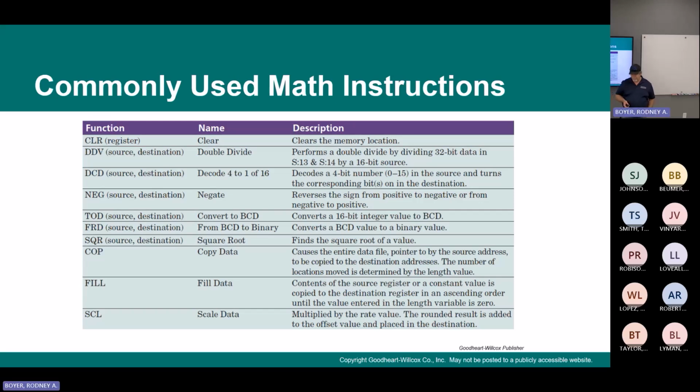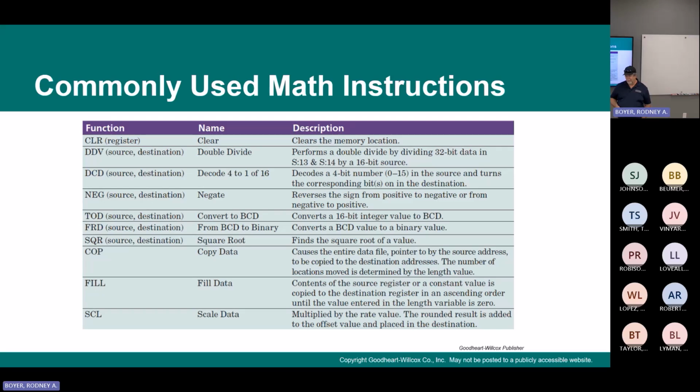Commonly used math instructions. Clear. Anytime you need to clear out a register for whatever reason, just clear at that address and it writes a 0 into it. You can also just move 0 into whatever register it is. It'll clear it out the same way.